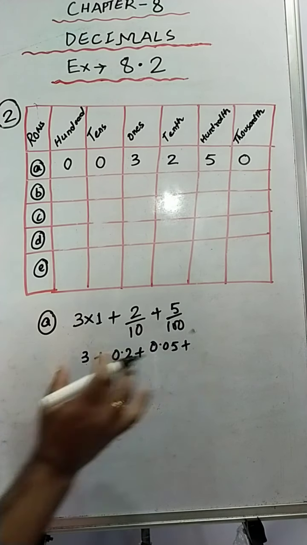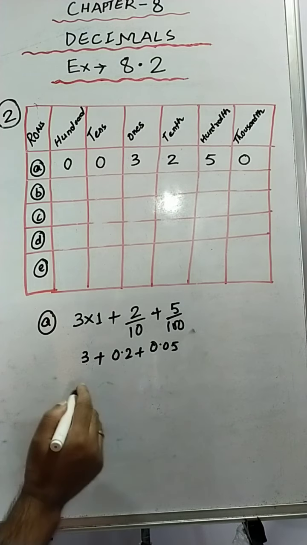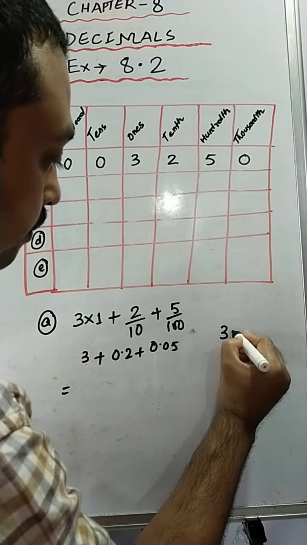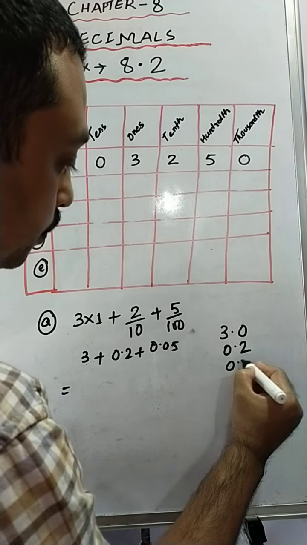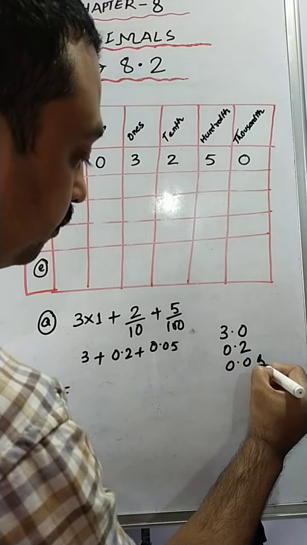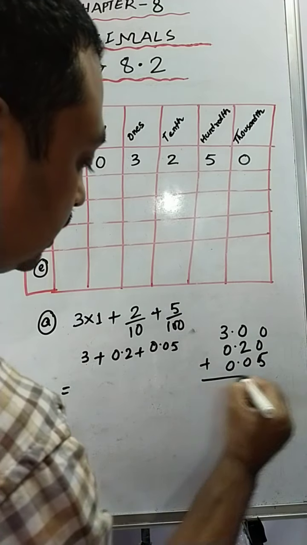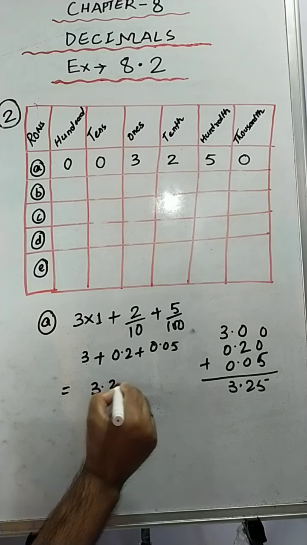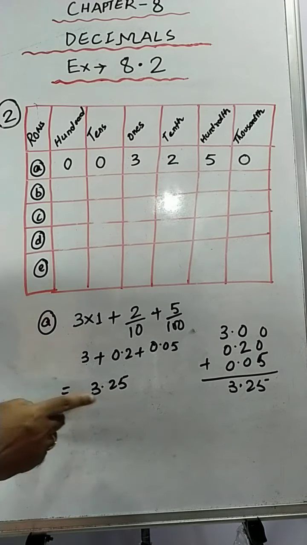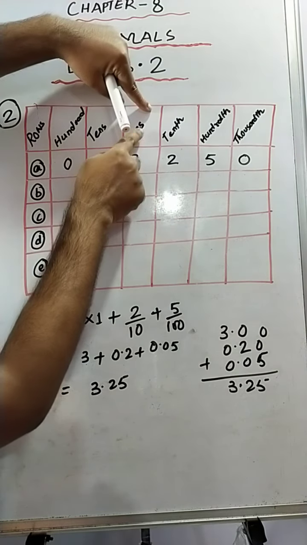Now if you add this, students, what answer will you get? 3.0, 0.2, 0.005. Adding these gives 0.25, so this is your required answer. Now if you carefully observe, this is 3 ones.